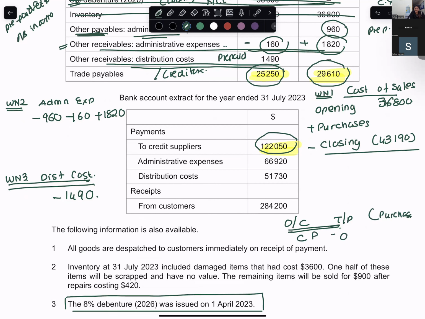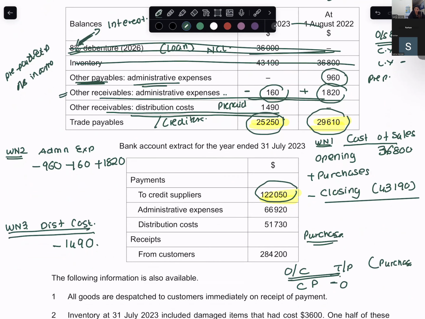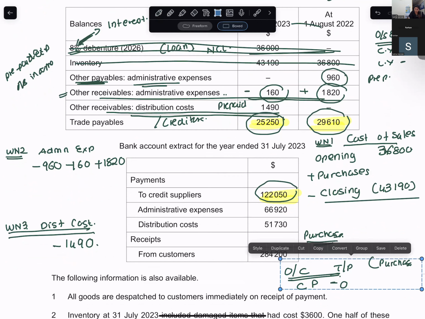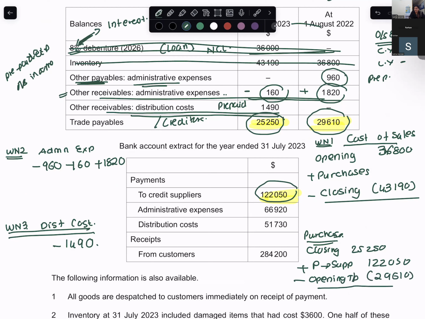Purchases would be closing trade payables, 25,250, plus payment to suppliers, 122,050, minus opening trade payables, 29,610. That will give us the purchases.